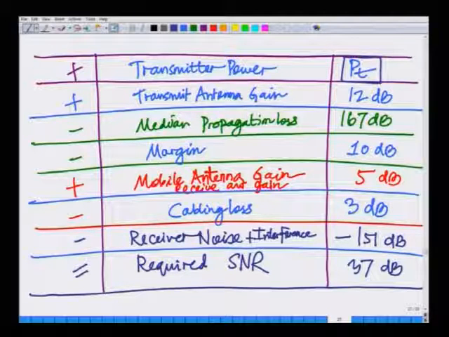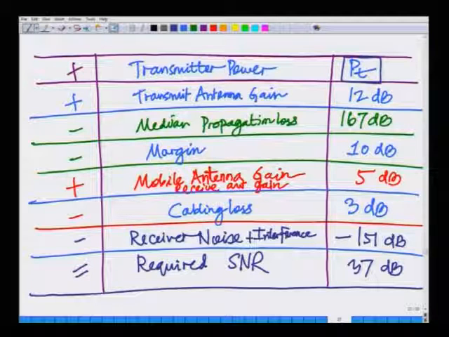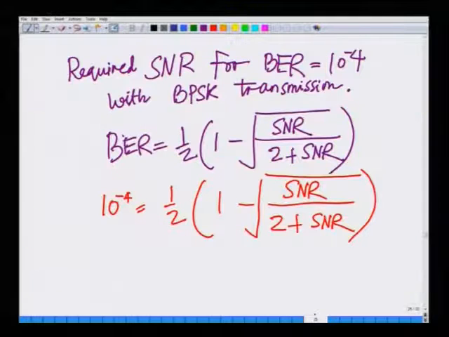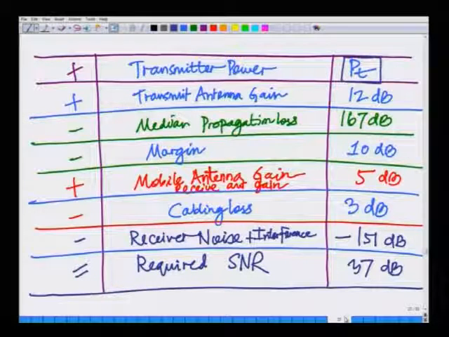Given the transmit antenna gain is 12 dB, the median propagation loss is 167 dB, margin is 10 dB, and receive antenna gain is 5 dB, cabling loss is 3 dB, receiver noise plus interference is minus 151 dB, and the required SNR is 37 dB, which is essentially the SNR that is required for BPSK decoding with probability 10 power minus 4 in this wireless communication system.